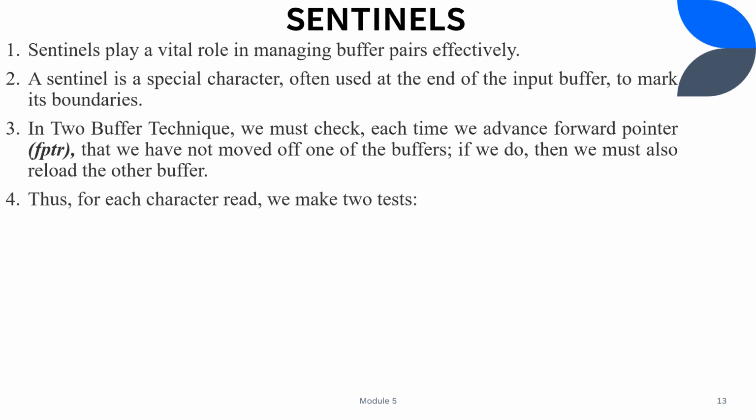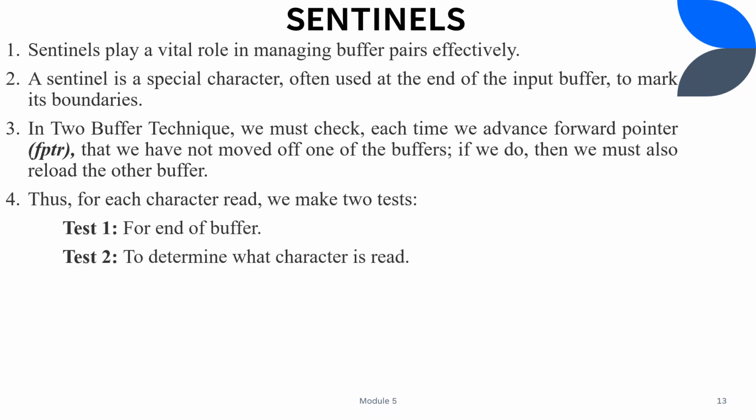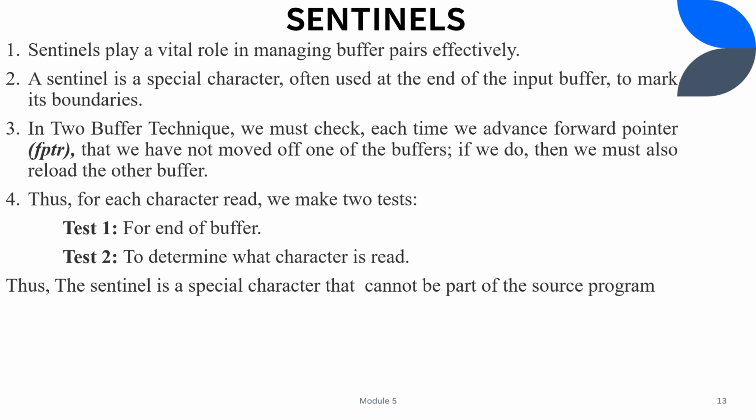Thus, for each character read, we make two tests: first, whether the buffer end is reached, and second, which character we have read. Based on whether the buffer end is reached or not, the decision to load and scan the next buffer depends. And based on which character is read, the lexeme will be identified.